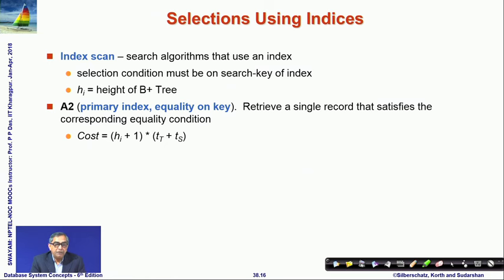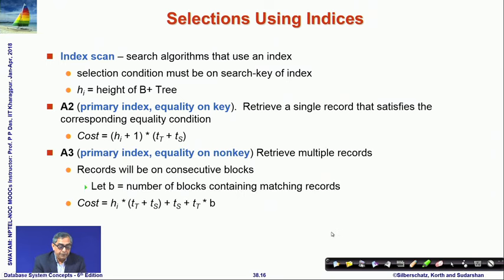This is the number of blocks that we will need to read. Each one of them will take a transfer time plus a seek time, because they are not consecutively located. So, that will be hI times Tt plus Ts, and we will need one additional block transfer to actually read in the record. That gives us the cost that we have shown here.